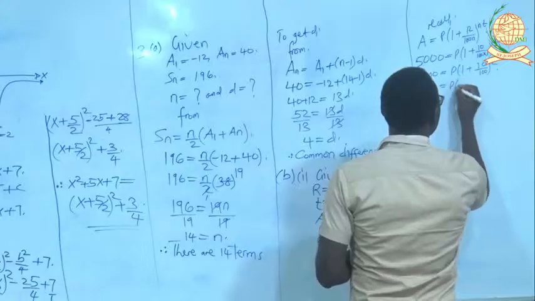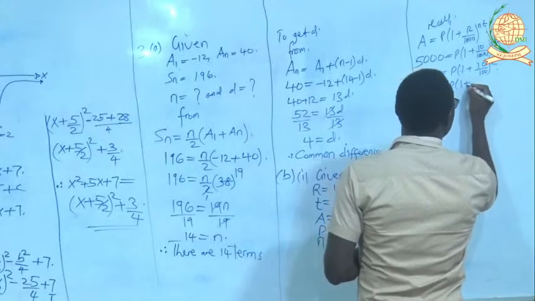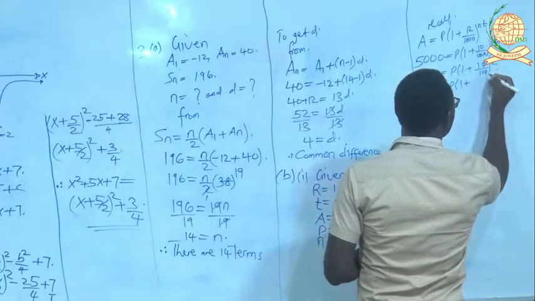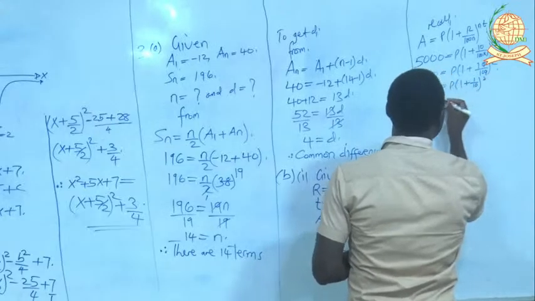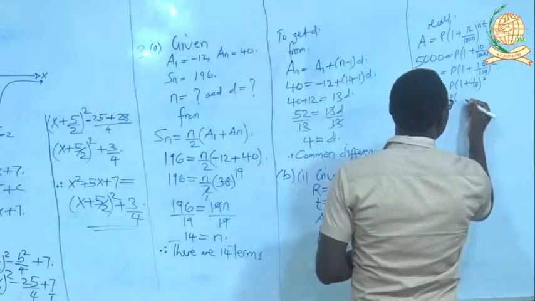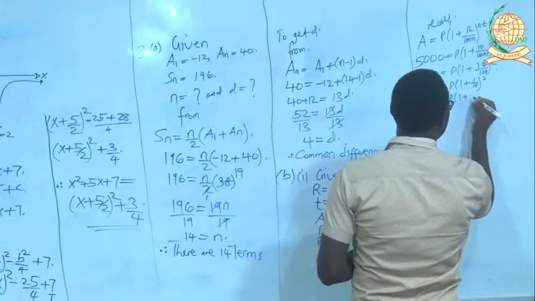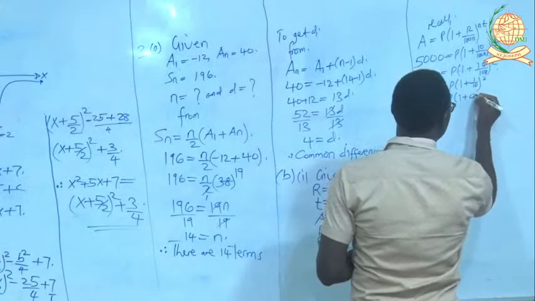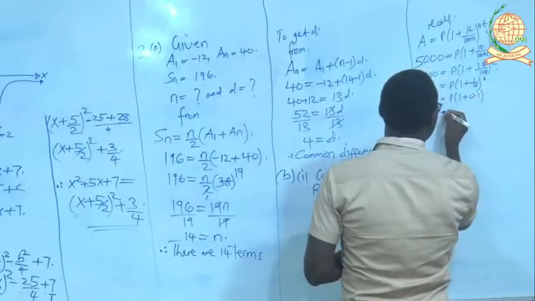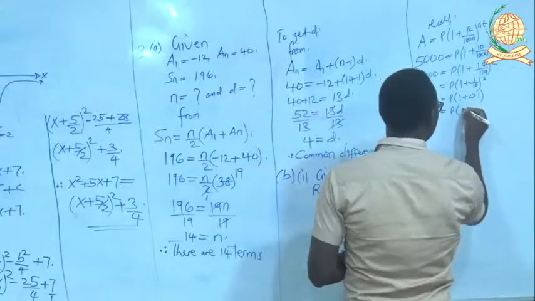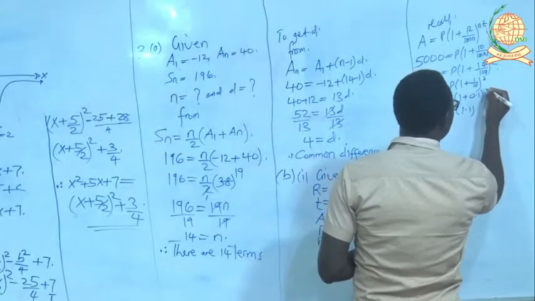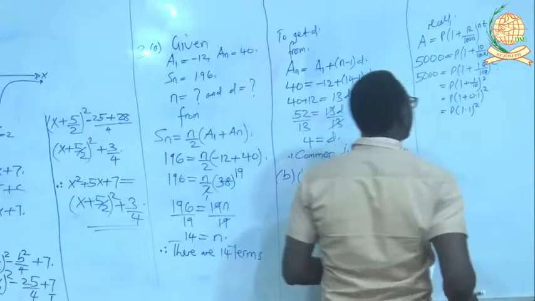This is P times (1 plus, simplifying, 1 over 10), then squared. So 1 plus 1 divided by 10 is 0.1. So it is P times 1.1 squared.